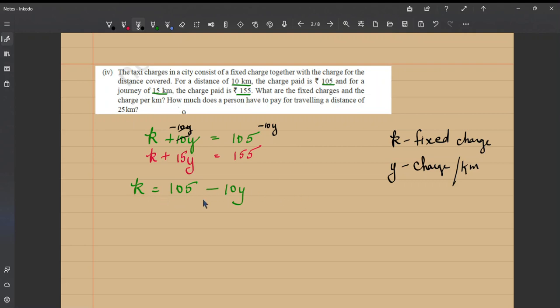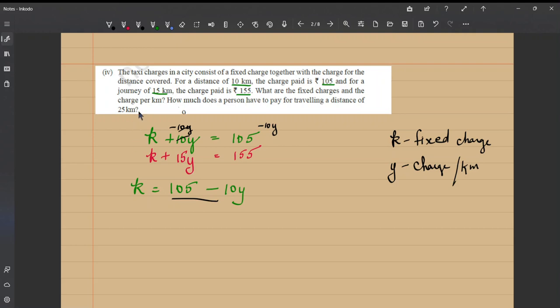Now using this K is equal to 105 minus 10y in our red equation, we will rewrite our red equation in black. Instead of K, I'll have to write 105 minus 10y. I cannot write K now, isn't it? I should not, because what was my purpose?